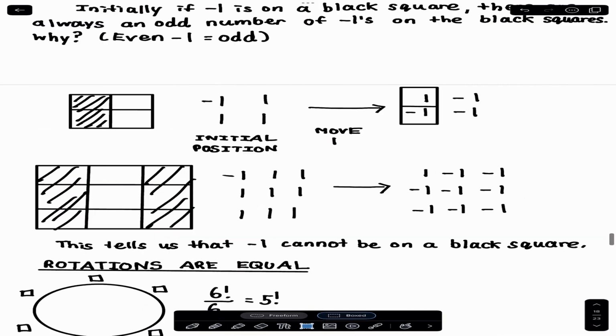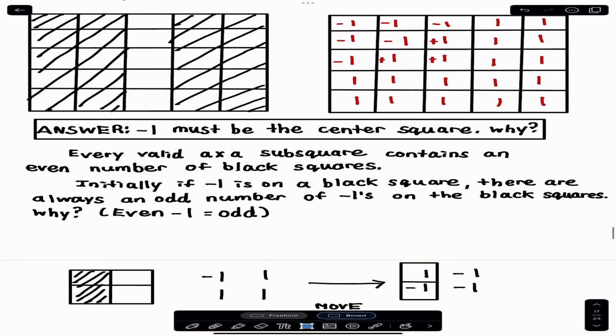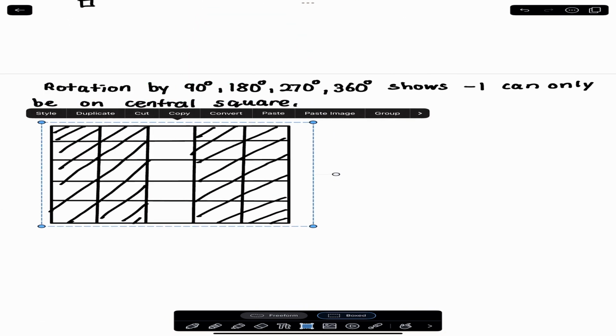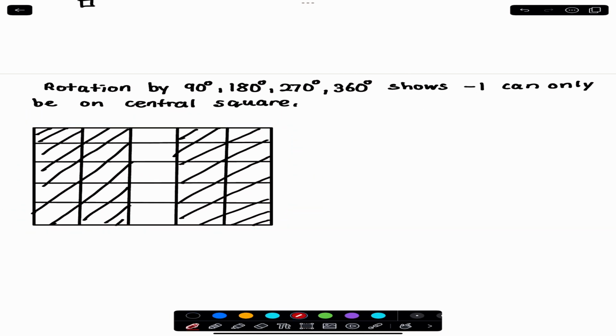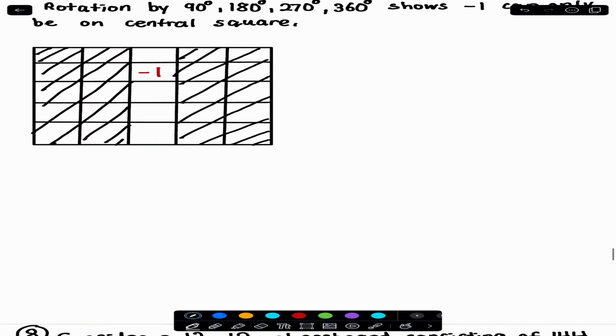And why is this? Because, let's say, I'm going to take this square. Okay? Let's copy it. Let's say negative 1 was initially on this square, so not the center square. So any white square but the center square. Let's just quickly write in all the numbers as well.